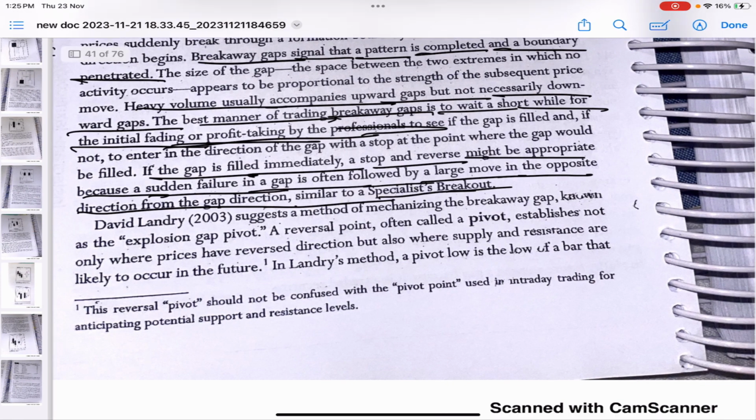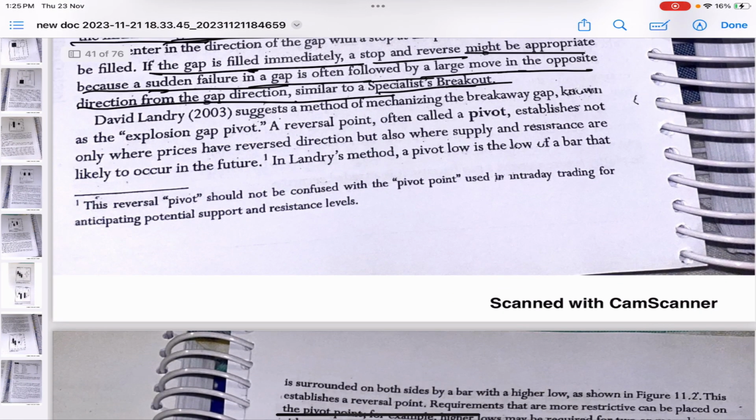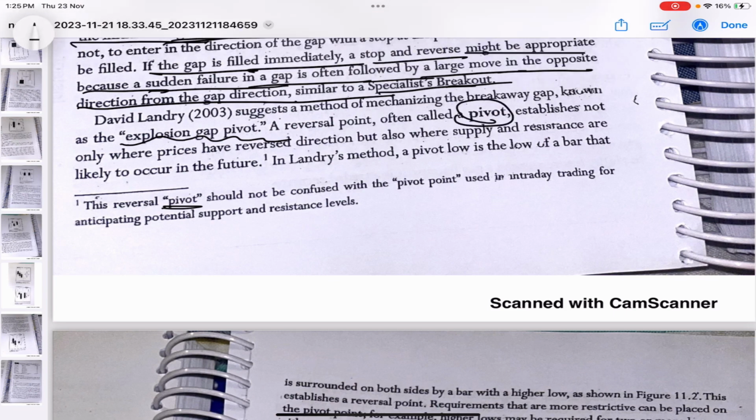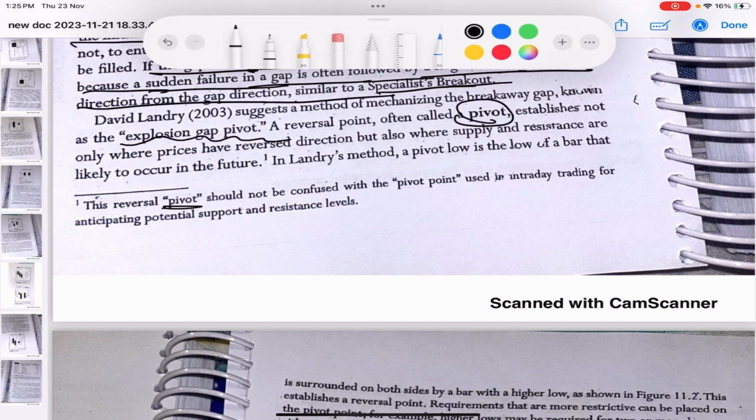Alright. And now there is a thing which is known as explosion gap pivot. First of all, I hope you know what a pivot is. You must have used the indicator pivot point, right? In this particular, here what they are talking about, a pivot, that is not pivot point. Pivot point is something which gives you anticipated support and resistance levels.